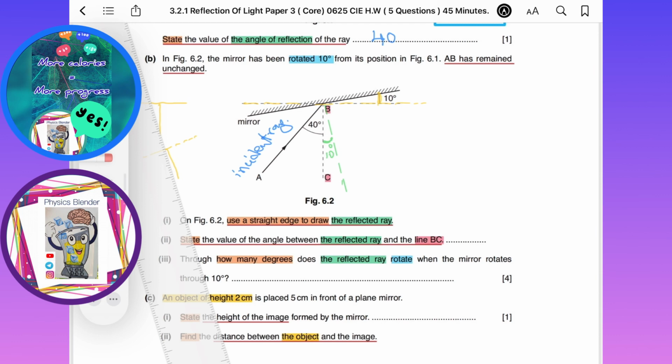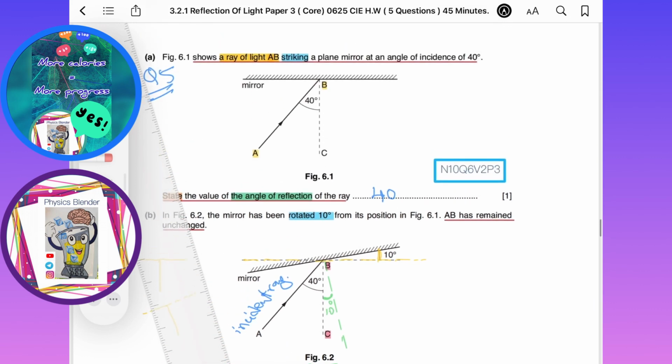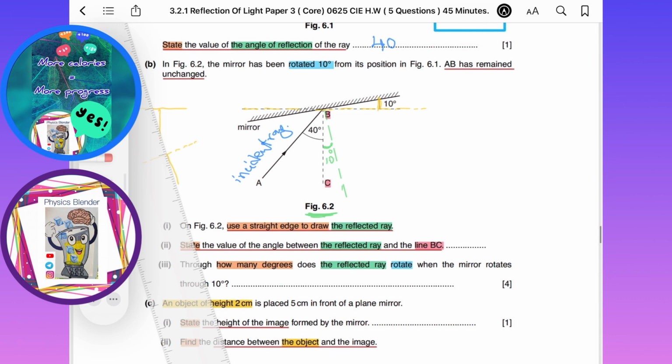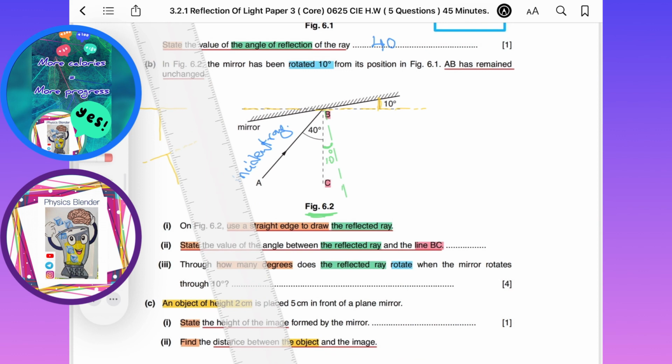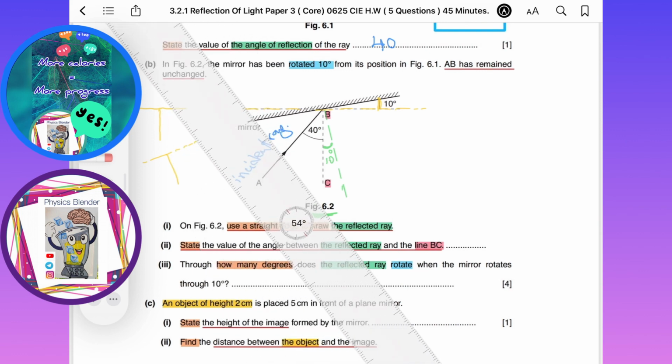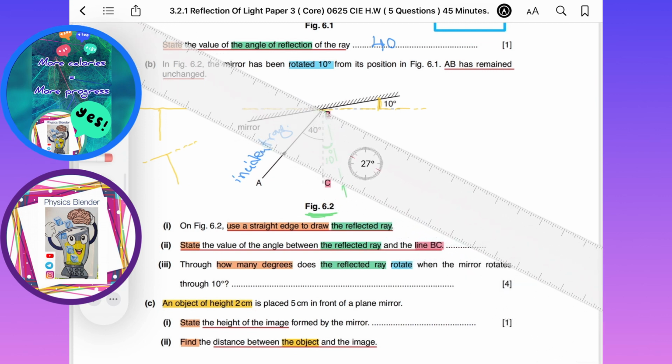Now use a straight edge to draw the reflected ray on figure 6.2, not figure 6.1, no, 6.2. Now the reflected ray should obey the law of reflection. The new angle of incidence now is 50. So the new reflected ray, the angle of reflection should be also 50.